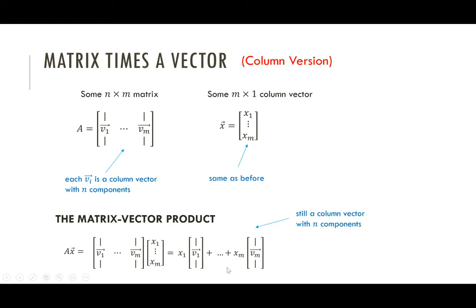And this is still, add these all up, you're going to get a column vector with n components. You'll get an n by 1 column vector.